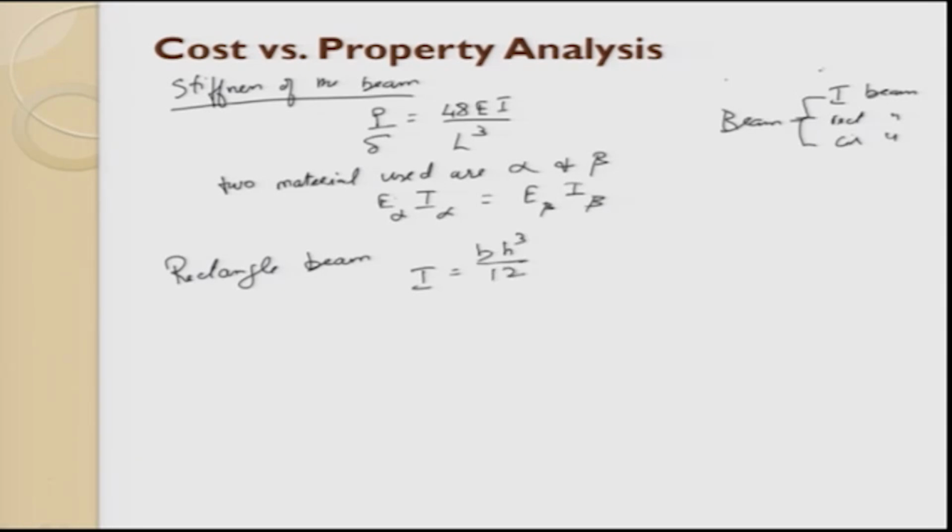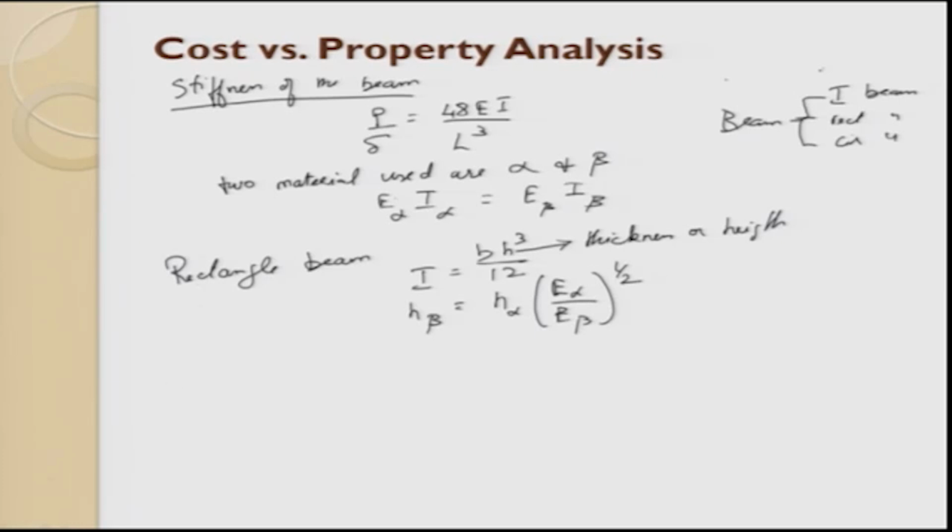For H you can take the height or the thickness of the cross section. So if you take two different materials, it can be H beta equal to H alpha, E alpha by E beta into half. So what have we done here?